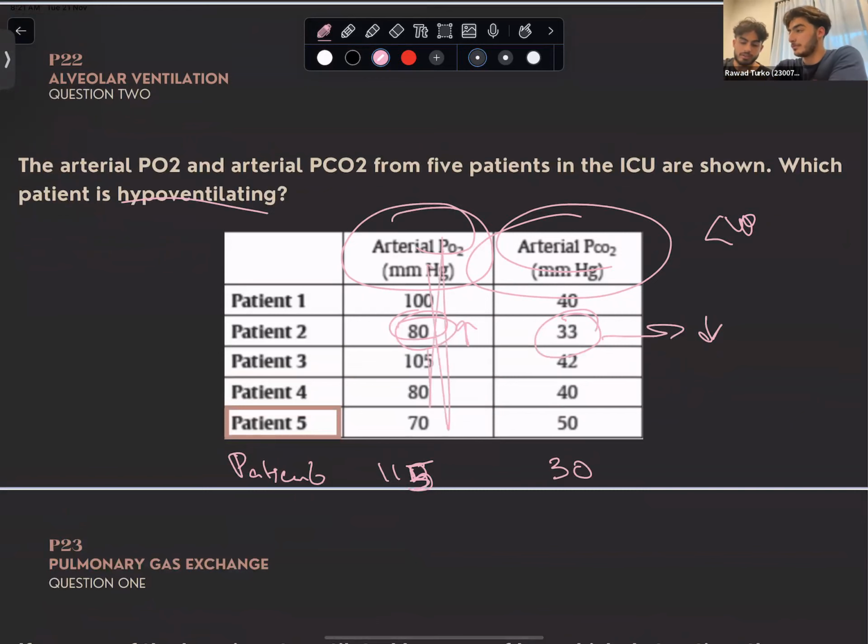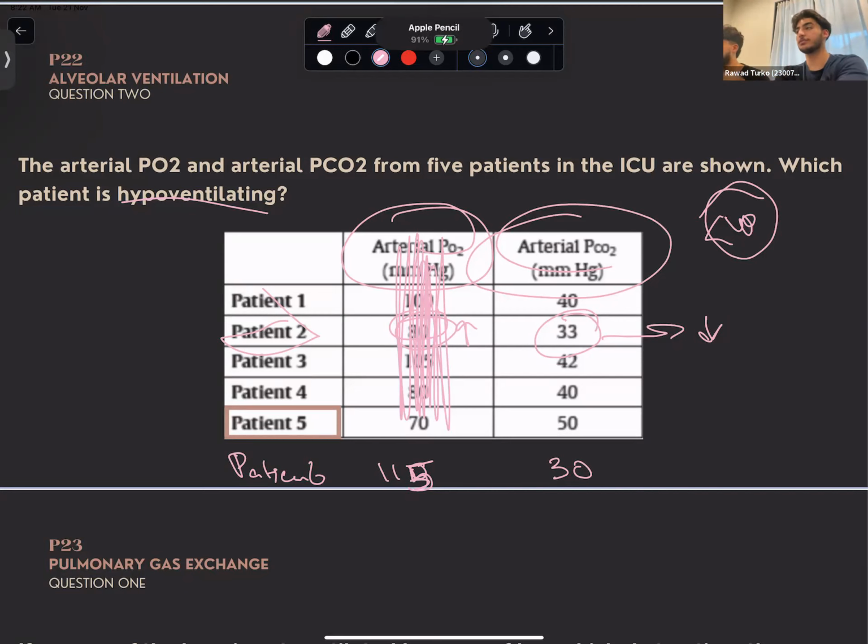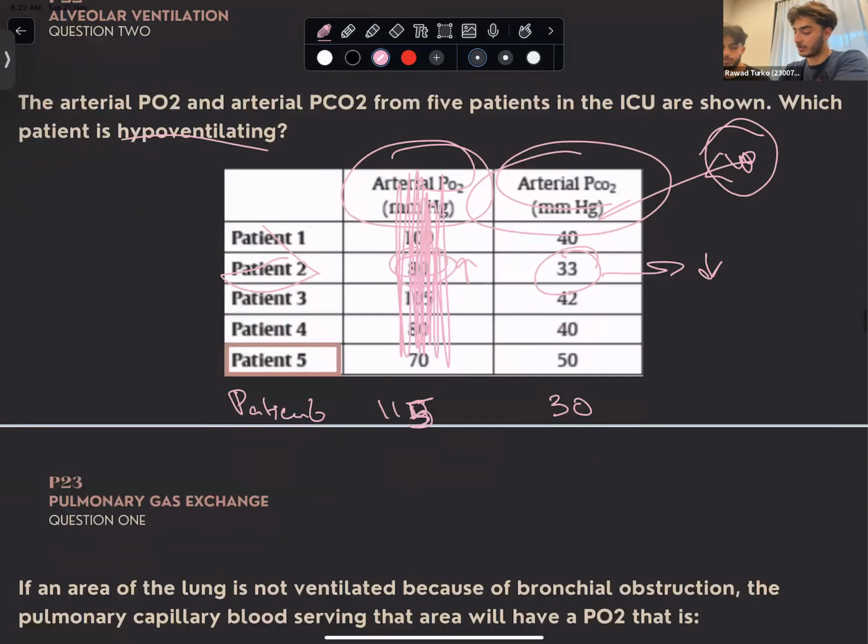So if we ignore this right here, and this is the question they give you, which of the following is hyperventilation, then it would be D or 2, because the cutoff is 40. So remember the cutoff is 40, and always look at PCO2 when we're talking about hypo or hyperventilation. And then secondly, look at the O2. Okay, this is the next one.